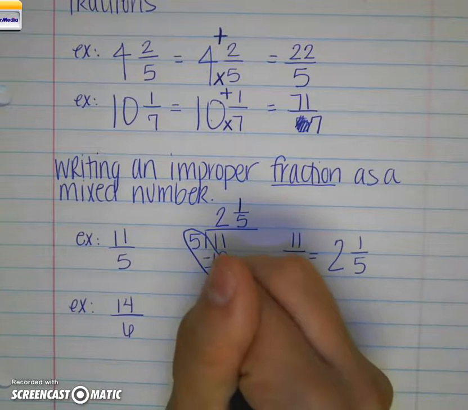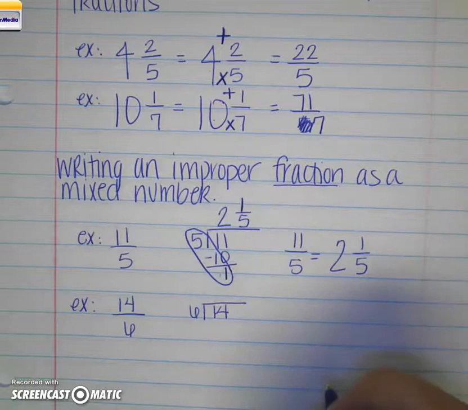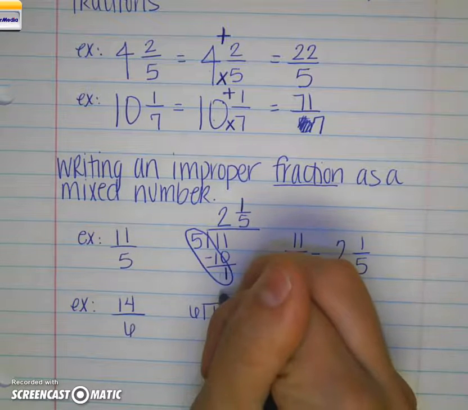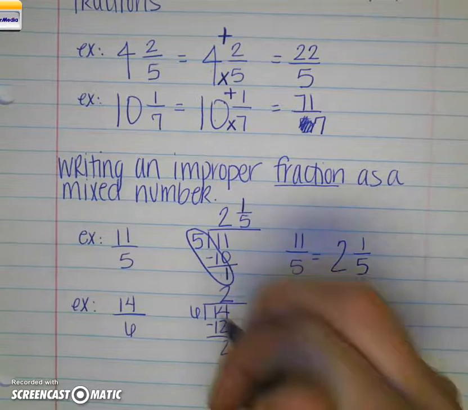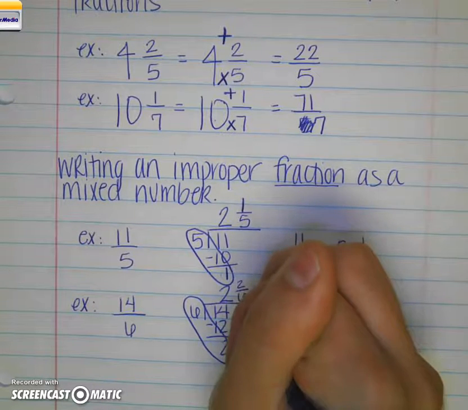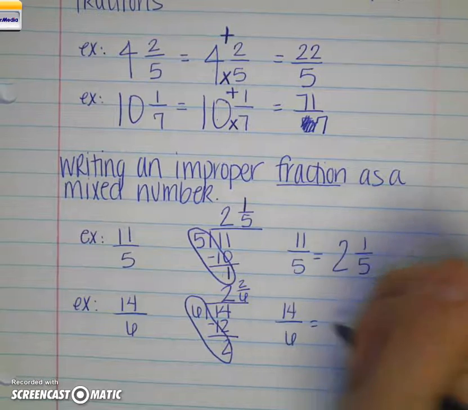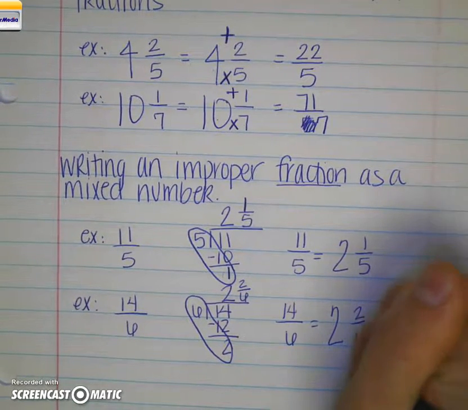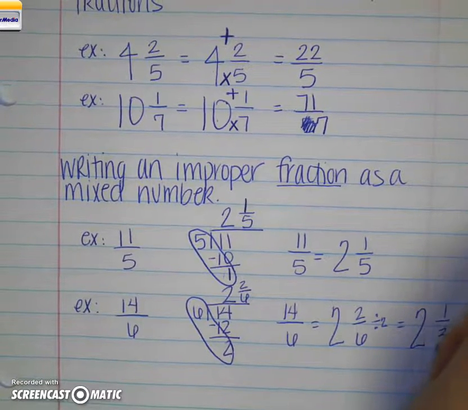So the first one, we're going to TiVo it, so top in, bottom out. And then I'm going to divide. 6 divides into 14 2 times. 2 times 6 is 12. I have 2 remaining. Draw my worm here. Make the bottom the top the bottom. So I have 2 and 2/6, which I can simplify because they're both even, so they're both divisible by 2. So I could simplify that to say 2 and 1/3.